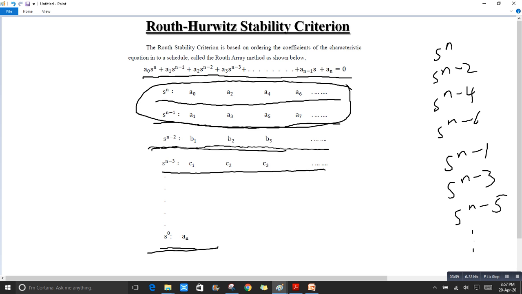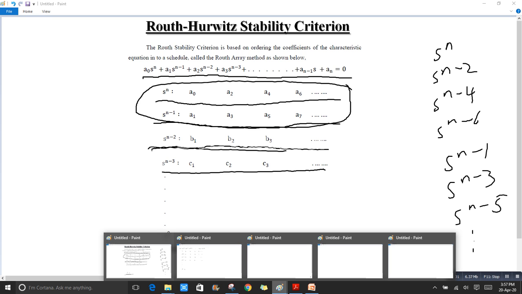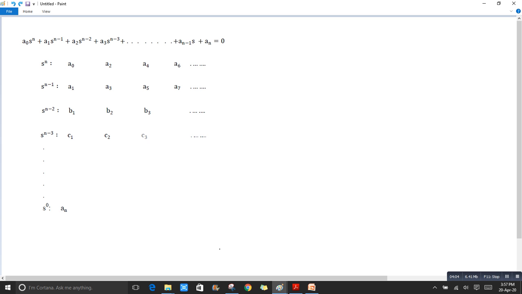Once again I am taking the total formation. Here b1 can be calculated as b1 equal to (a1 a2 minus a0 a3) by a1.